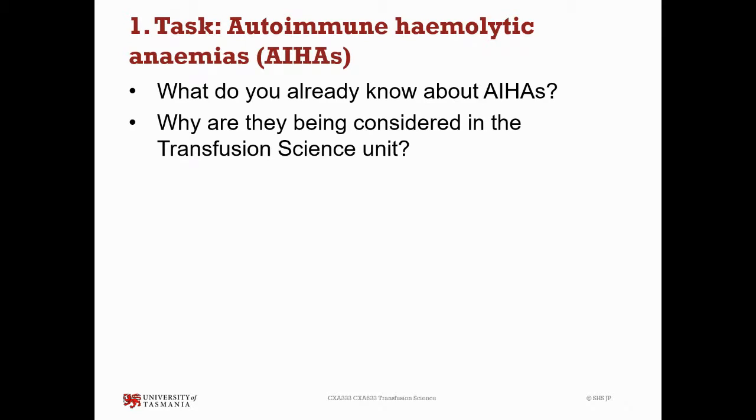So if I can just have some ideas from people about why you think we're looking at them here. Anybody like to put forward some thoughts? What do we already know?